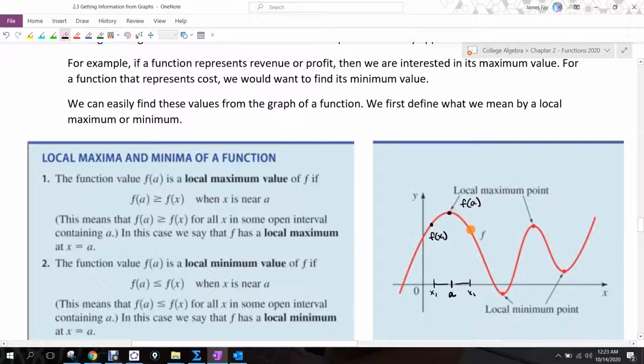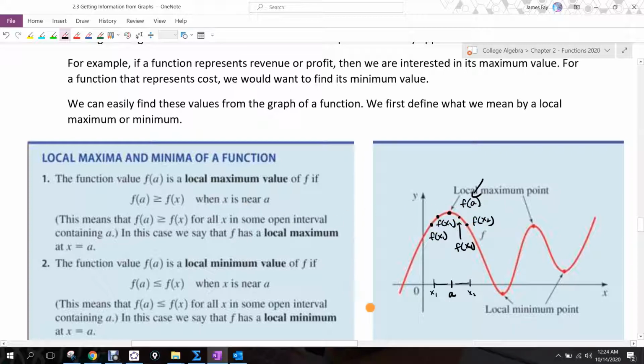Would you also agree that f(a) is greater than f(x2)? And if this was f(x3), maybe that one there is f(x4), f(a) is greater than all of these f(x)'s that are in that little neighborhood.